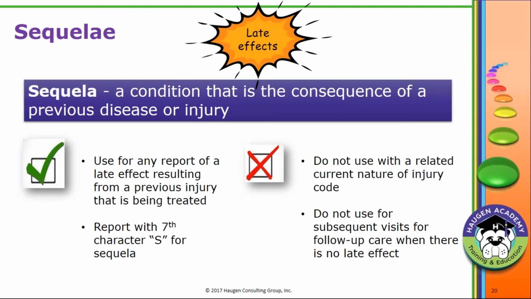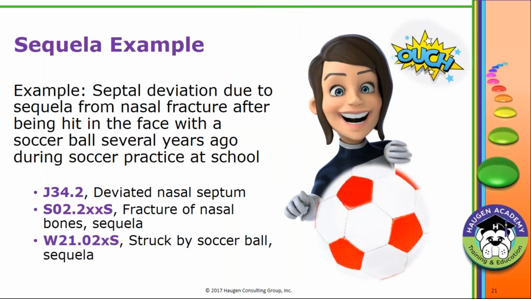So this is really going beyond the initial treatment, obviously, and the healing phase. The condition is healed, and now they're coming back with something else. So an example of this would be a patient coming in for surgery for a septal deviation due to sequela from a nasal fracture after being hit in the face with a soccer ball several years ago during soccer practice at school.